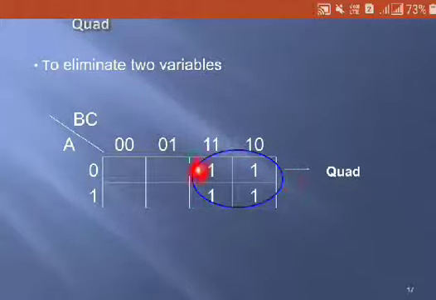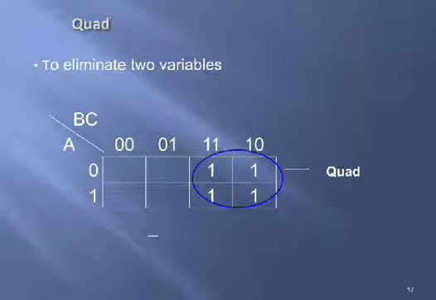In this quad, A bar and A get eliminated, and in the other two, it is BC and BC bar, so C and C bar get eliminated. The leftover term will be only B. So the output expression corresponding to this quad is only B.